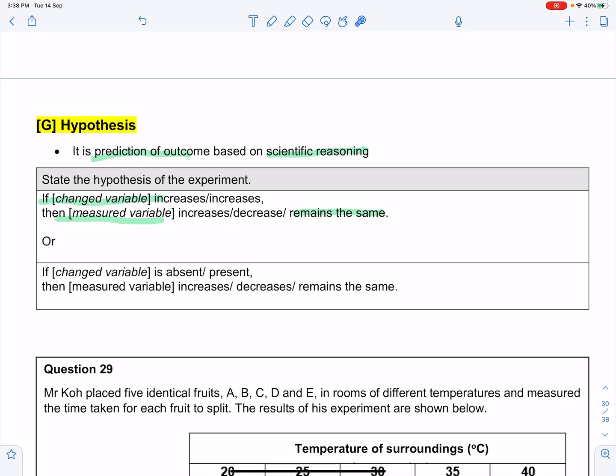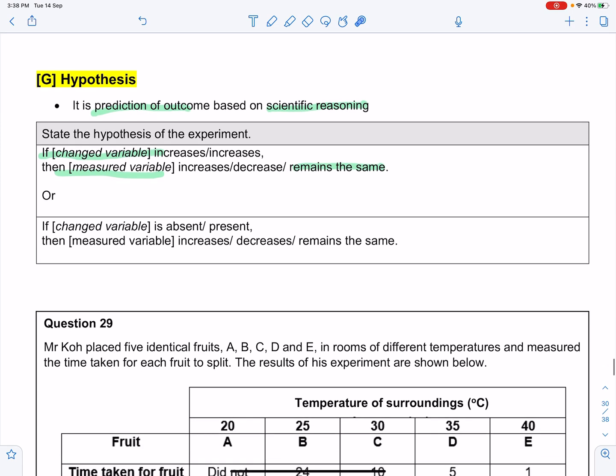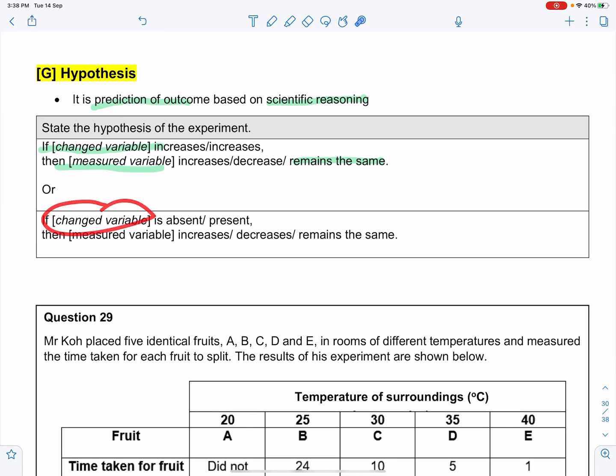Because due to my own scientific knowledge, I know that in order to photosynthesize, your plants need light. So if I increase the amount of light, then my photosynthesis should also increase. This is based on my own scientific knowledge or the knowledge that was given in the question stem itself. Okay, or I can say if the change variable is missing or present, then the measured variable will increase or decrease or remain the same.